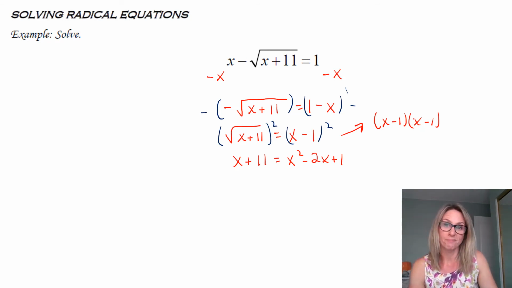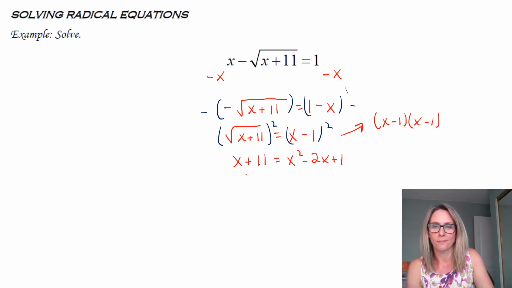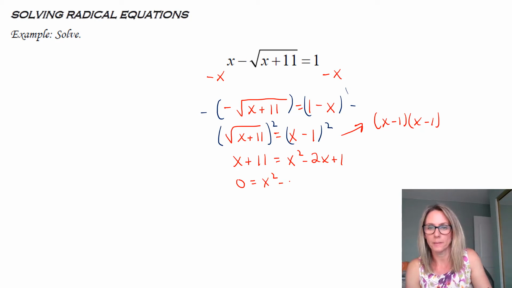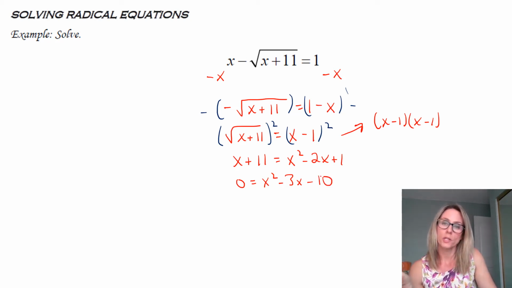Now we have a quadratic, and we want to think about that. So we do have the ability to bring everything to one side. So let's do that, see what happens. 3x, and then it looks like I'm going to have a minus 10. Now, it's a quadratic. We've already talked so much about how to solve quadratics. There's multiple different ways you can do this.